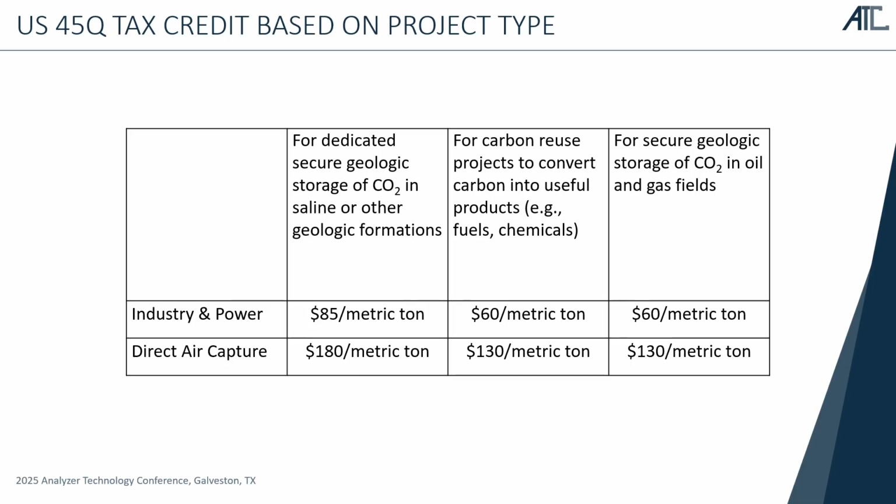So this includes chemical plants, oil refineries, steel mills, power plants. So you can see that's the first row on the chart. There's also direct air capture facilities. So that's technology that's pulling CO2 right out of the air. They're also subject to the credit.